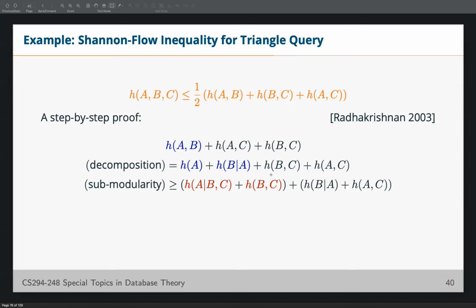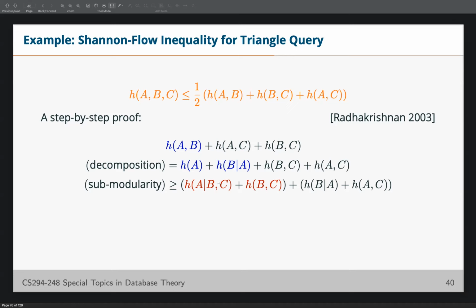Now the other three terms are just being rearranged: H of BA is put over here, H of BC is put over here, H of AC is over there. So this was just one submodularity step. The red stuff, H of BC, is just some rearrangement, and I put them in red because in the next step they will be combined together. This is to prepare for the next step.